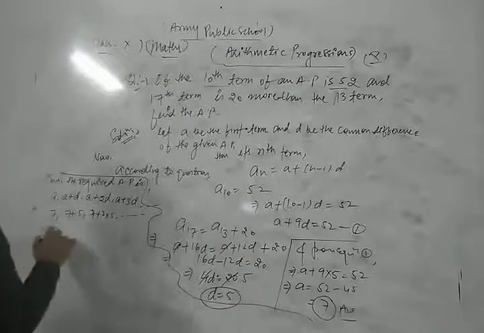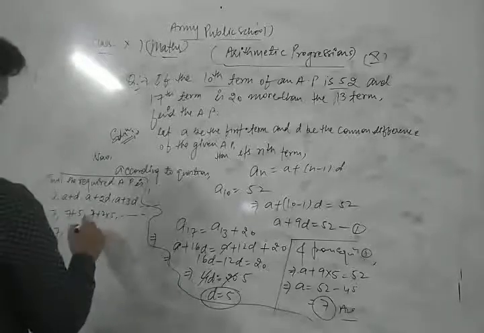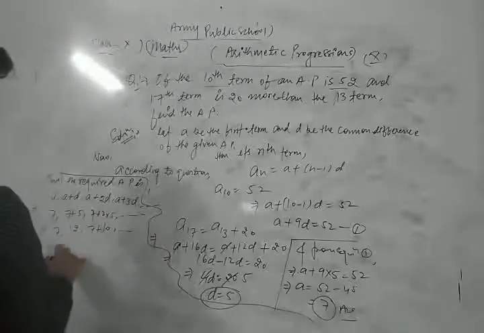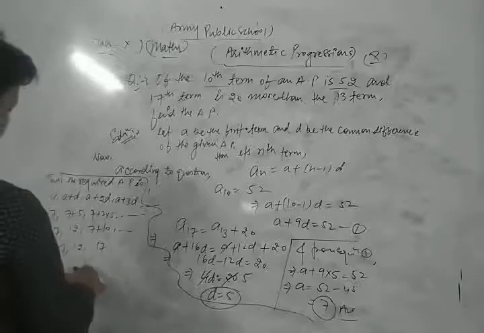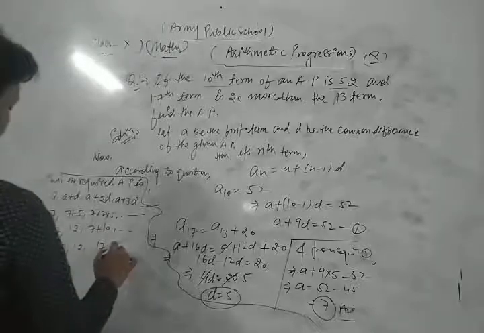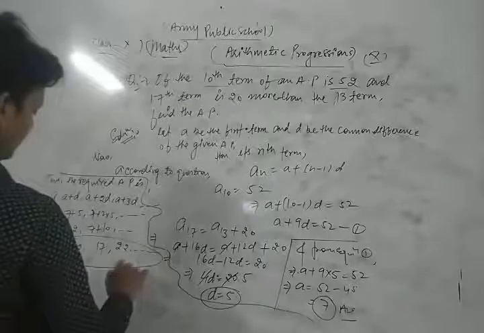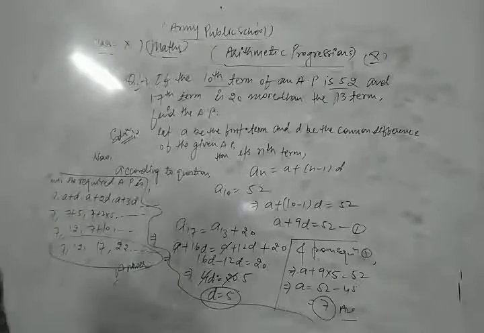So we get 7, 12, 17, 22, and so on. This is the required AP. This is the required solution of the given question.